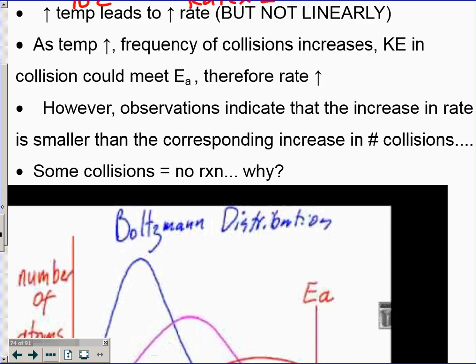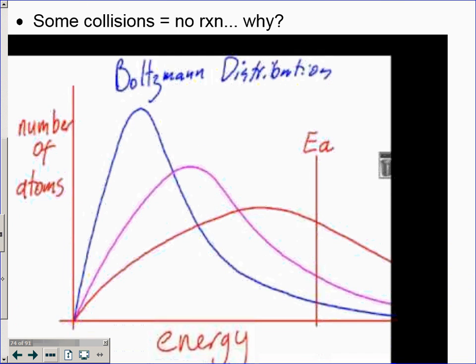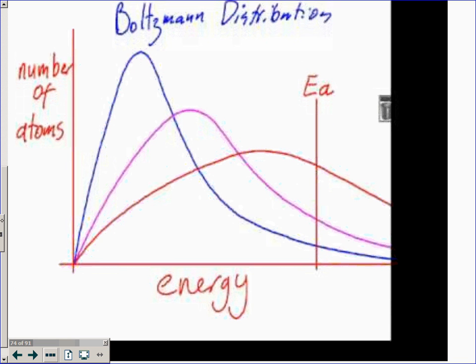Okay, so this was a graph you guys have seen before. This is the Maxwell-Boltzmann curve. We know that, does the area under the curve change? Does that change the temperature? No, okay. So what you're seeing is that there's a designation here now of activation energy, which is the energy required for whatever this reaction is. So this is the activation energy required.